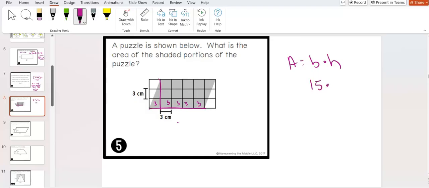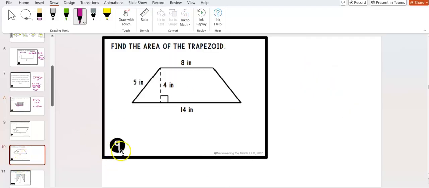And my height is not 3, it's 3 times 3, which is 9. And if I do 9 times 15, I'm going to get 134 centimeters squared. Easy peasy. I'm going to skip down to another question here, number 9.